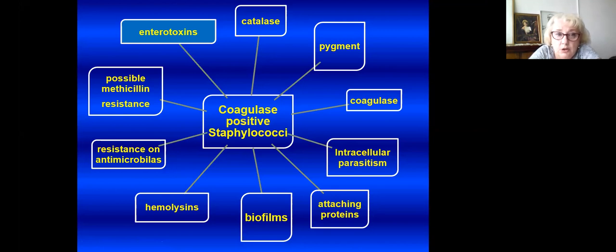They show high resistance to antimicrobials. They have potentially possible methicillin resistance, and they could excrete enterotoxin in the tissue. Enterotoxins are also a virulence factor for them during mastitis and keep them in the cells.